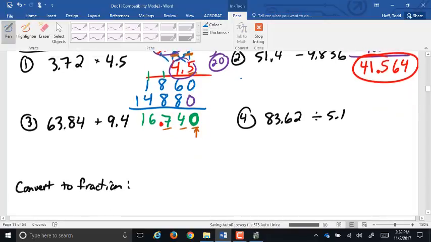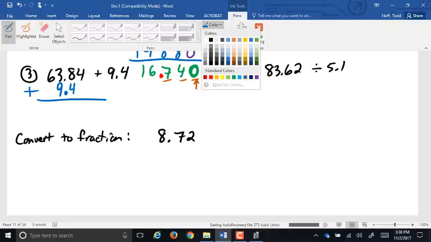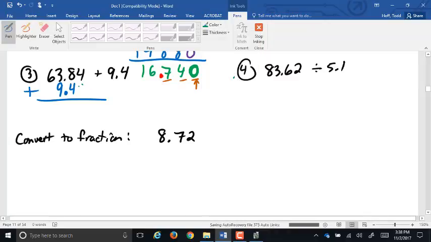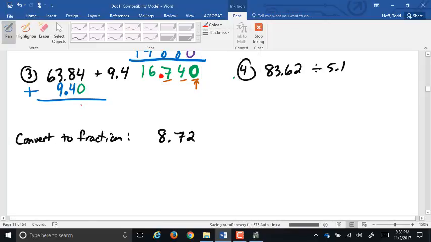Number 3 is simple addition. I have the 63.84. I'm going to put the 9.4 underneath it, putting my decimal point lined up again. I should add my missing 0 here to fill this out. So now then, 4 plus 0 is 4. 8 plus 4, 12.